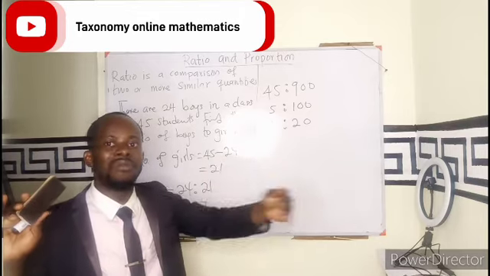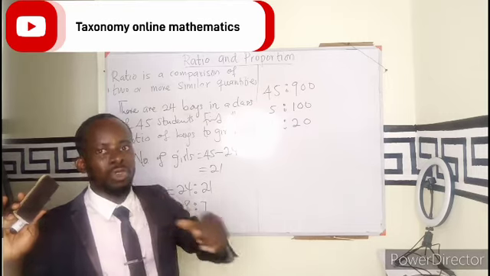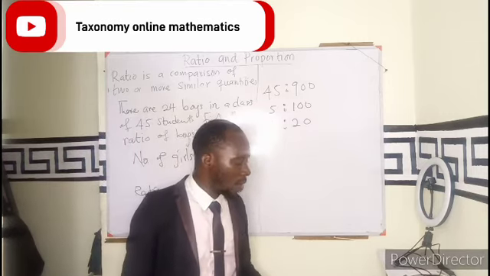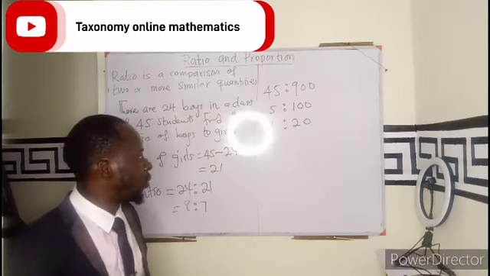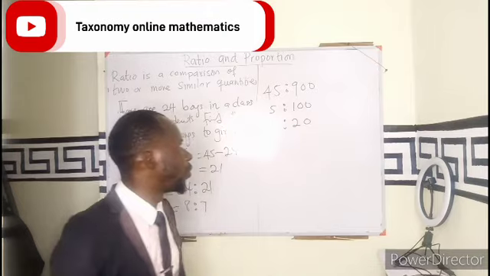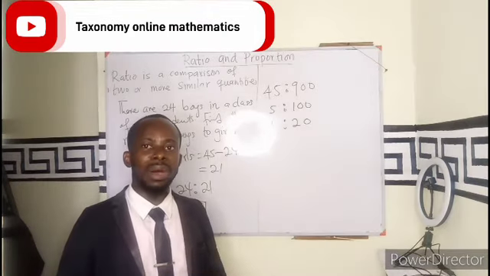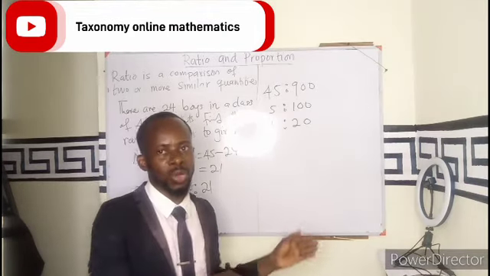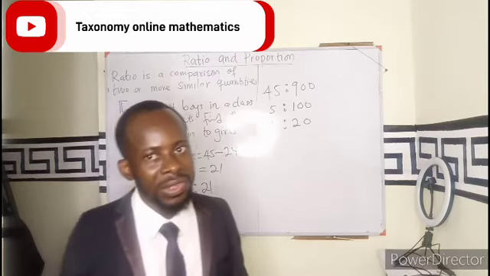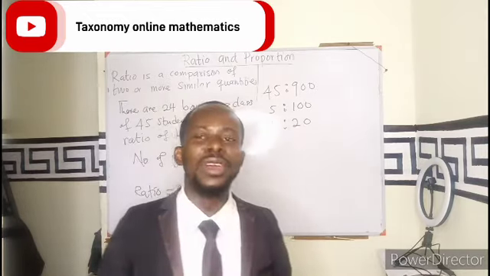You have to convert one into the other so that each dimension has the same unit. Alright, so I think we end this episode here. We take the next episode where we will discuss proportional division of a ratio: how we can express or share a quantity according to a given ratio.